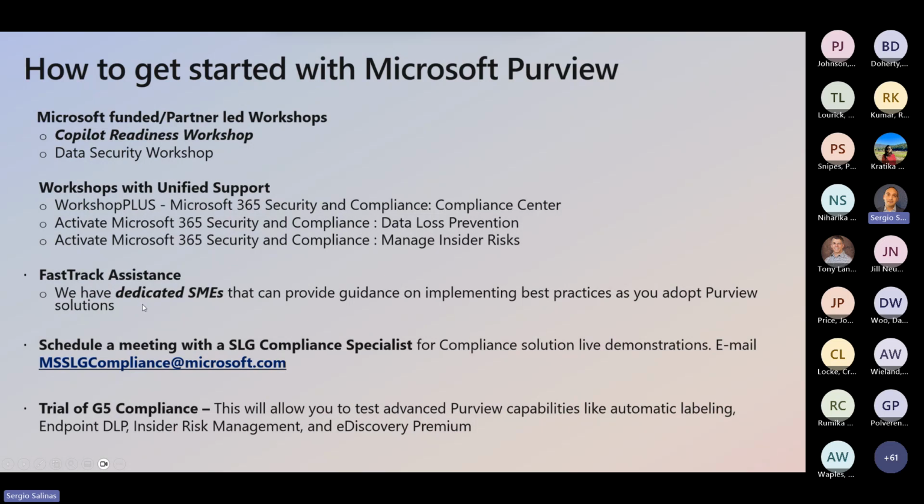We also have FastTrack assistance, and there you can have a dedicated SME that can provide guidance on implementing best practices as you adopt Purview solutions. So, schedule a meeting with your SLG compliance specialist to get more live demonstrations. Just email right there. And don't forget, you can do a trial of some of your E5, G5 compliance. So be sure to take advantage of that.